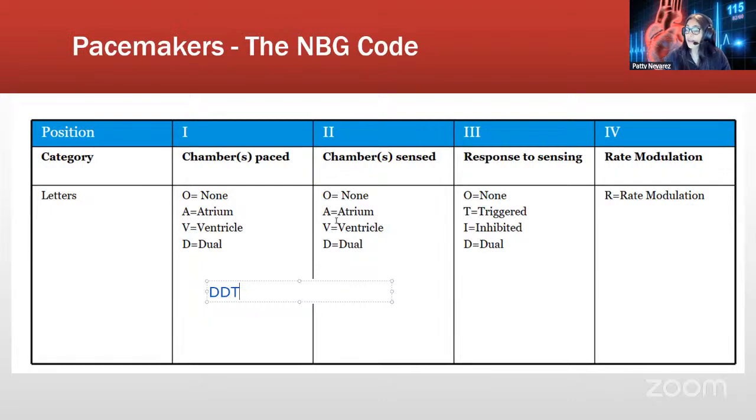Both atrium and ventricle are going to be sensed. So that means when the pacemaker does not receive any sensing or any electrical signal, it is going to act. And then the T is triggered. So this is a response to the sensing. I'm pretty sure somebody who needs this pacemaker needs a lot of help, right?